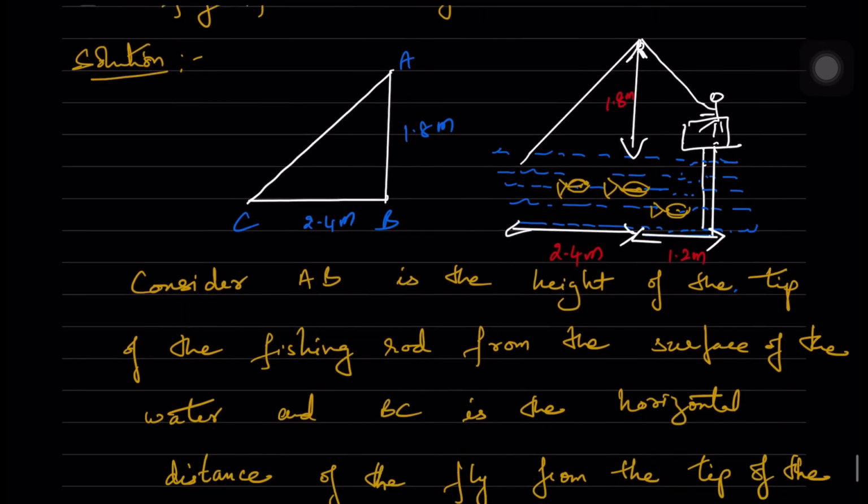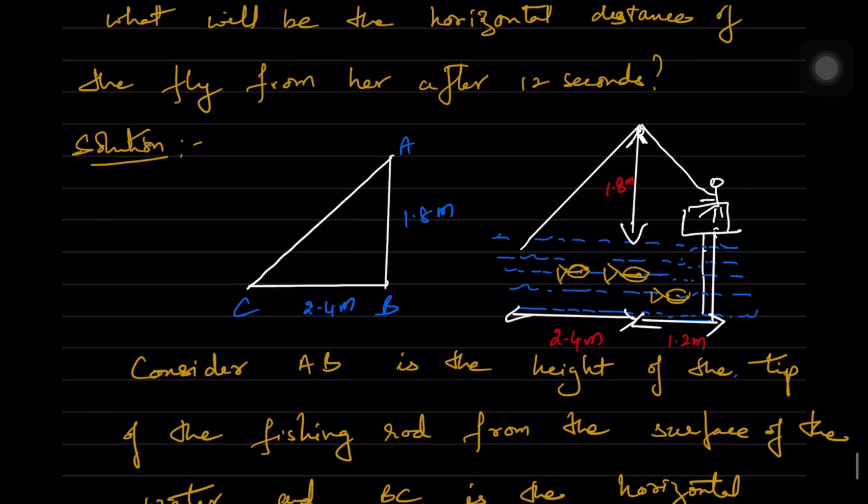From the tip of the rod to this point it is 2.4 meters, and the whole distance from where she is sitting is 2.4 plus 1.2 meters, which is equal to 3.6 meters.